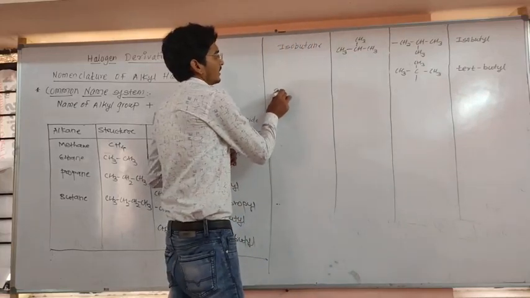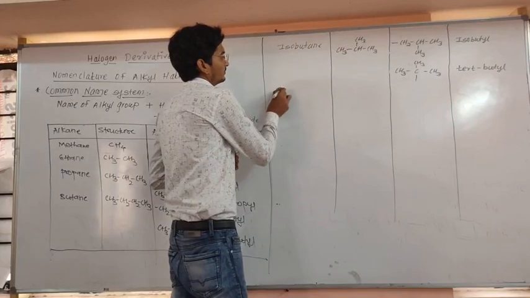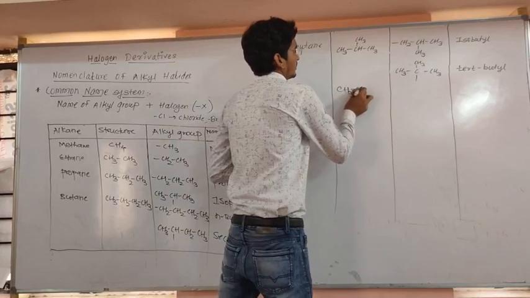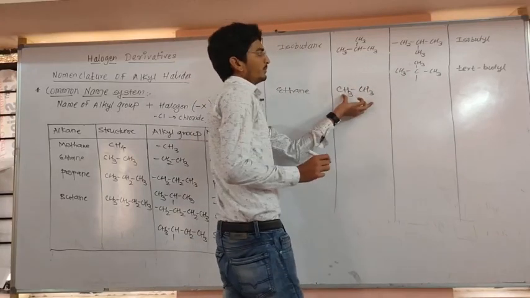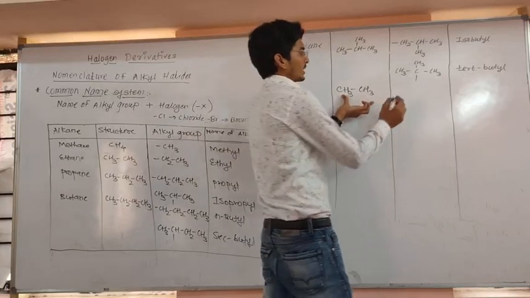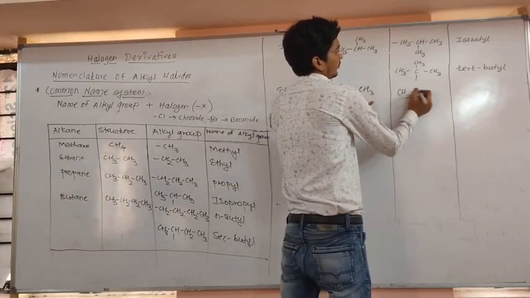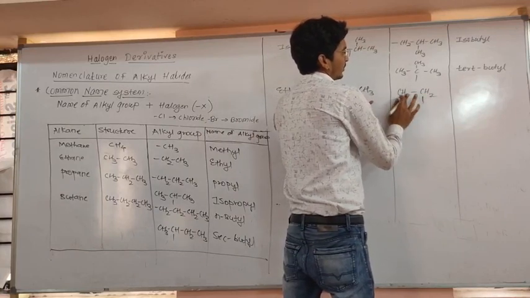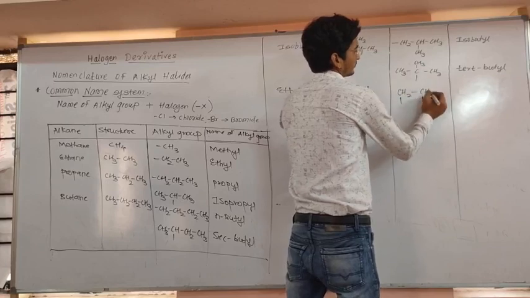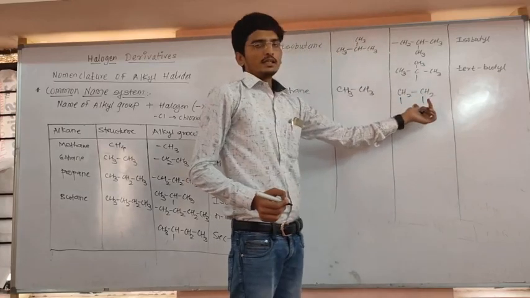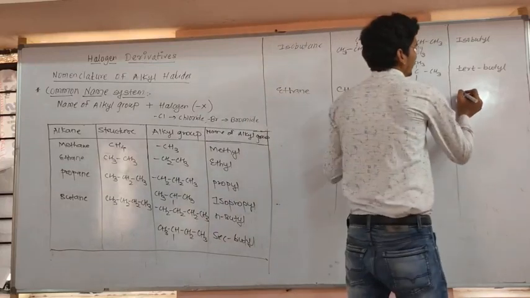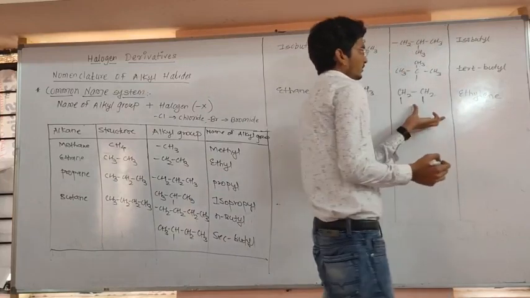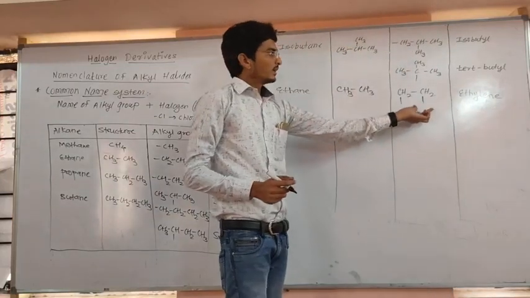Another case: consider again ethane, CH3CH3. If you remove one hydrogen from each carbon, you will get this type of group, which is called the ethylene group. This is the vicinal type of group.